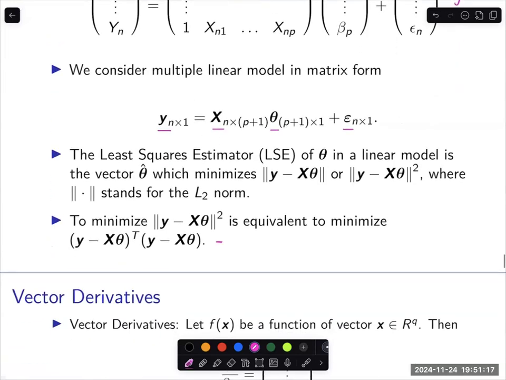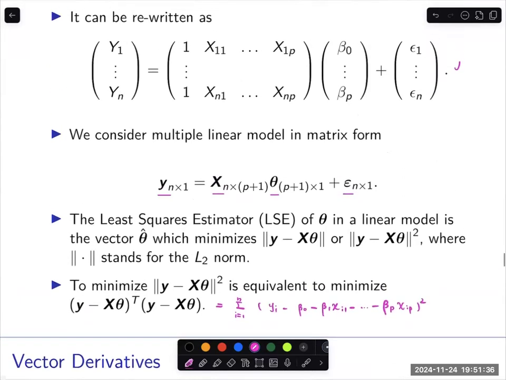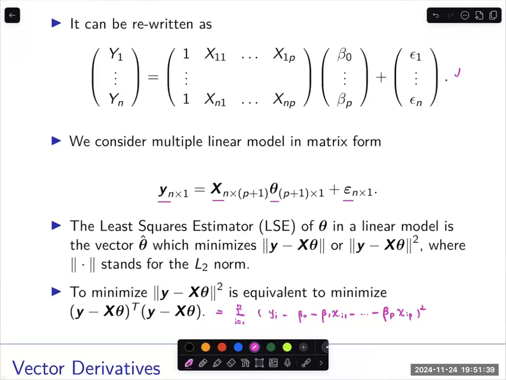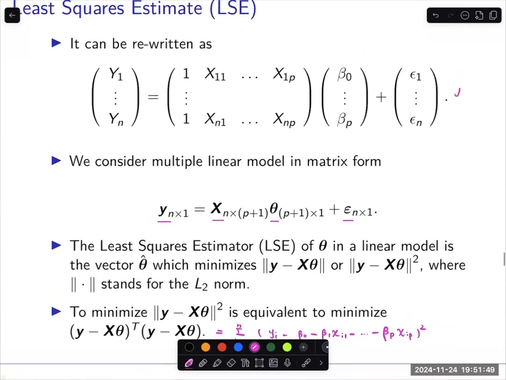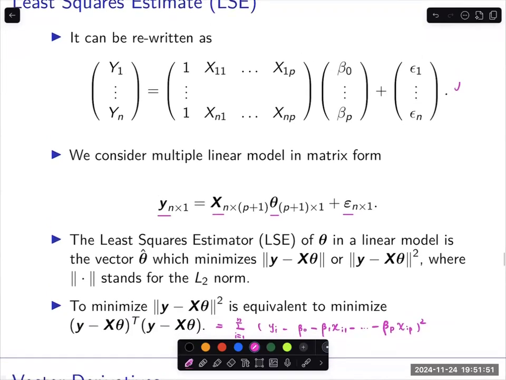And this is no different than the sum over i from 1 to n of yi minus beta 0 minus beta 1 xi1 minus ... minus beta p xip, squared. Those two equations are equivalent to each other. It's just that we are using the L2 norm to represent the collection of data more conveniently.